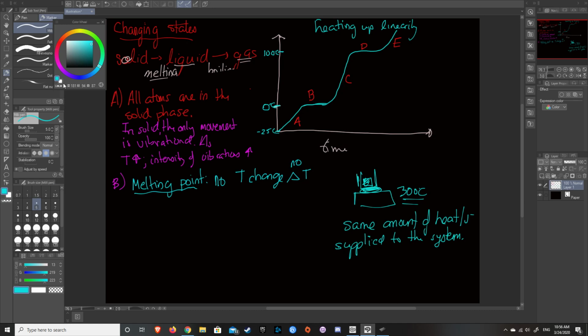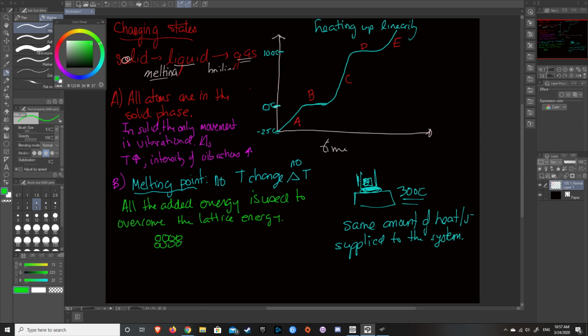And that is because all the added energy from this hot plate is used to overcome the lattice energy. So we talked about the energy, we talked about them being in a solid phase.